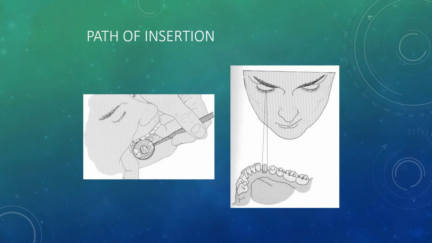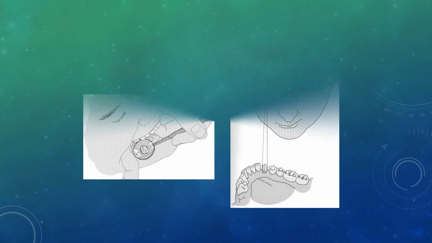When you look at that prepared tooth from a distance, the finish line has to be visible, and the width of the finish line should be uniform. When you notice that the width of the finish line is uniform and very clear, then you understand that the path of insertion will be easy for your crown to be seated upon the prepared tooth.